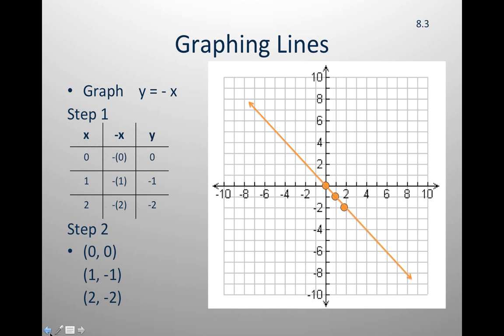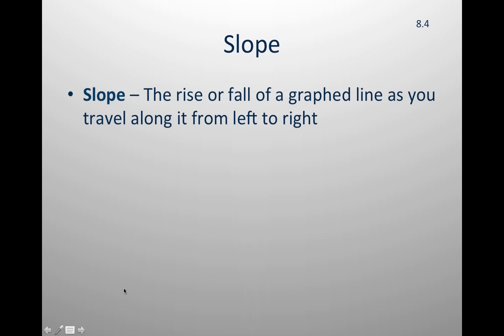Typically that's what we do. We have a point of origin, a point of destination, and a checkpoint. And so we just connect the dots, and that's how we graph. The bare minimum, you could get away with 2 points, but to be safe, it's always best to use 3. Oh, that's going the wrong way.